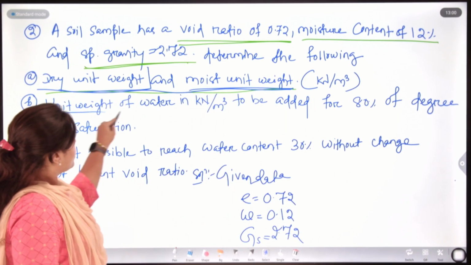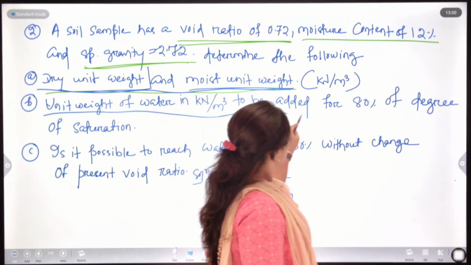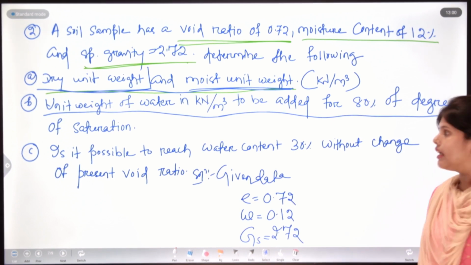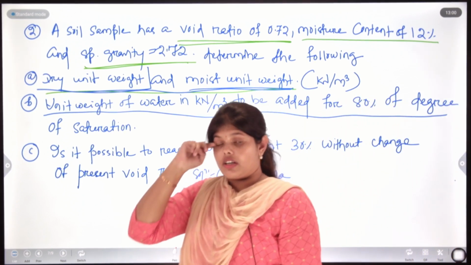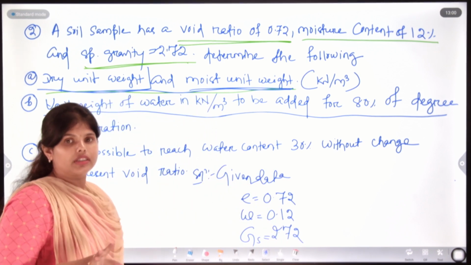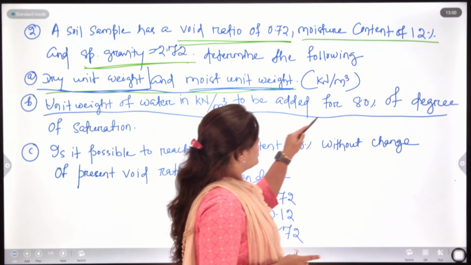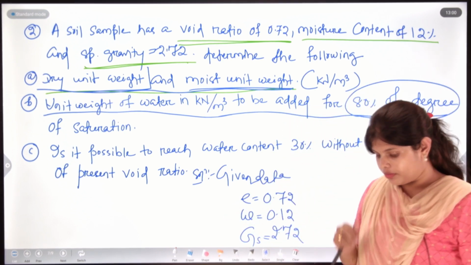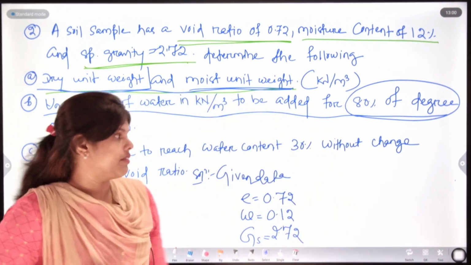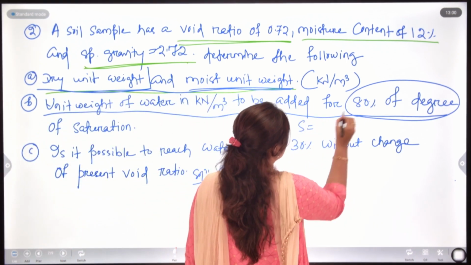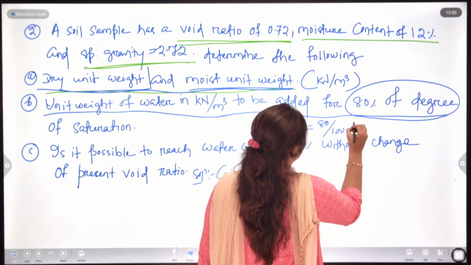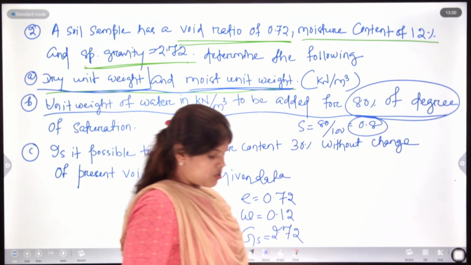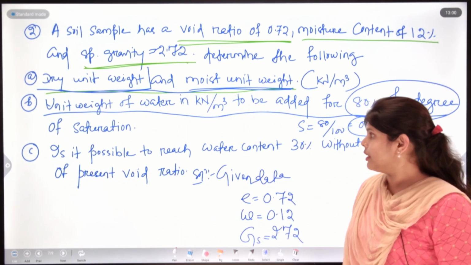Unit weight of water in kilonewton per meter cube to be added for 80% degree of saturation. In question A, the degree of saturation was not given; we calculated it. But here 80% degree of saturation is asked. If degree of saturation is 80%, S is our how much? 80 upon 100, that is 0.8. If degree of saturation changes, our moisture content will change.